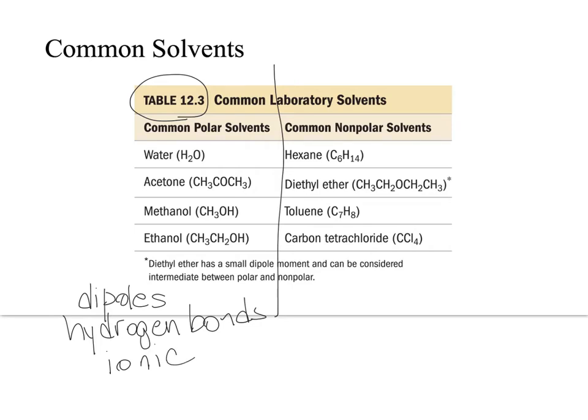Nonpolar solvents are going to work well for organic molecules that are big and have carbon hydrogen only. So we look at some examples here. You'll see, water makes hydrogen bonds, but you also see the polar groups here. And in the case of methanol and ethanol, they can make hydrogen bonds as well.